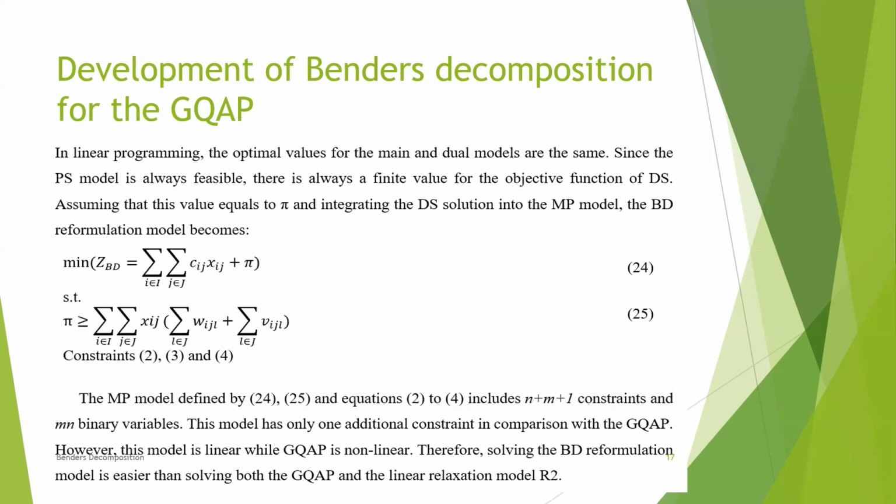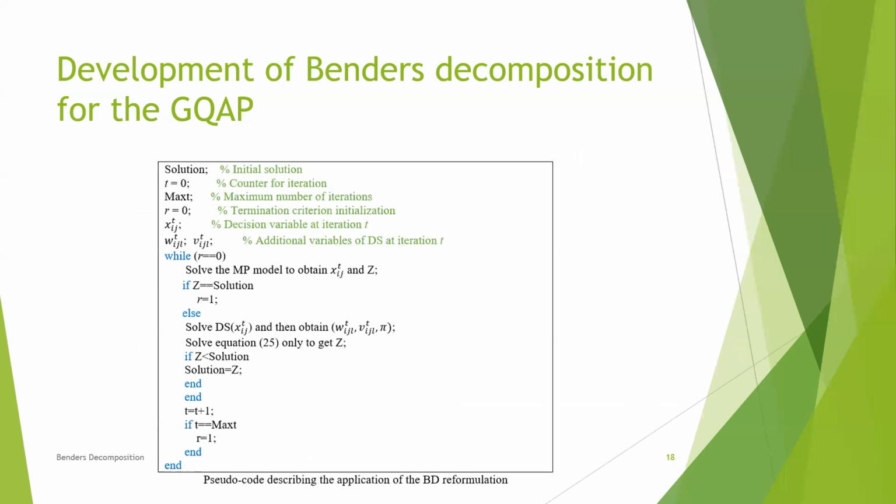So using these equations, we can see that the Benders decomposition model has very similar constraints to the main model, because it only has one additional constraint, number 25, compared to the original model, which was non-linear. However, this model is linear, and we can solve it much more easily when solving large scale optimization problems.